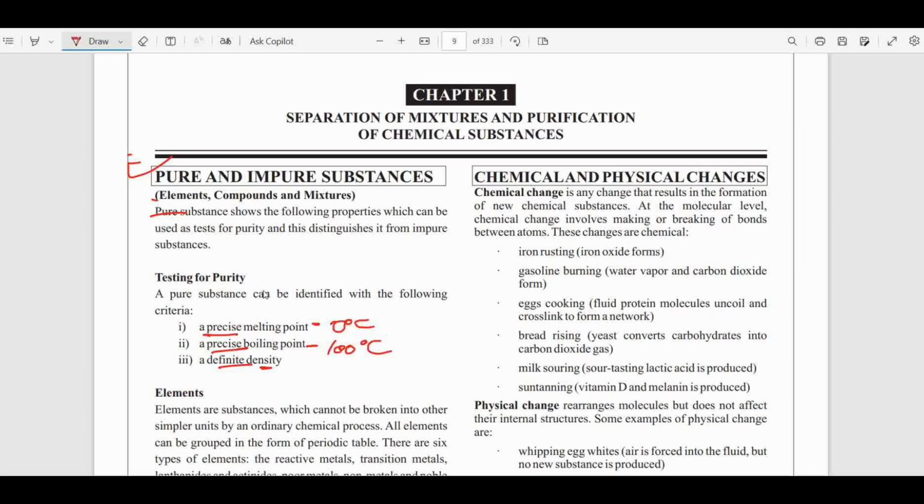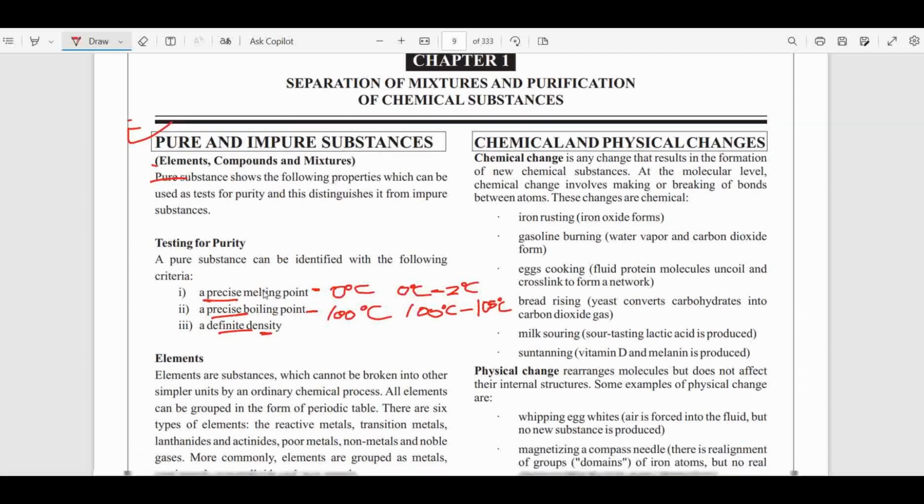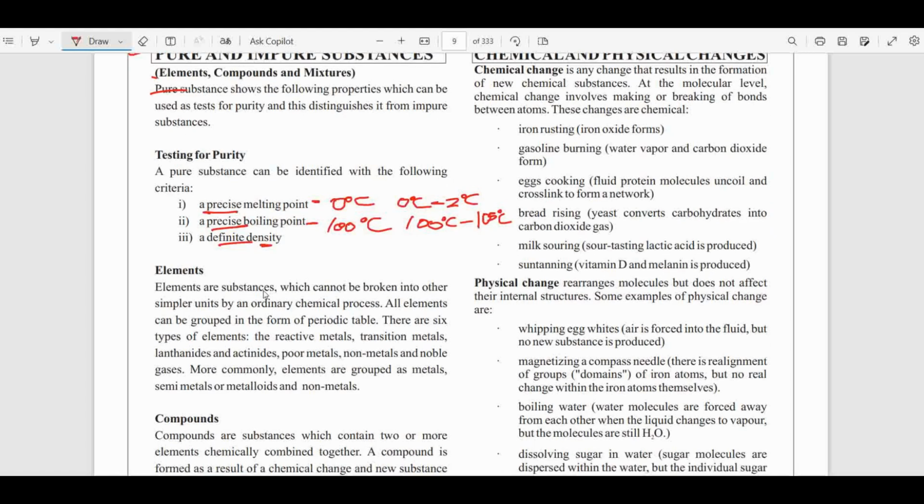It can have a melting point of 0 degrees Celsius to, for example, say 2 degrees Celsius, and a boiling point of, say, 100 degrees Celsius to, let's say, 105 degrees Celsius as a result of the impurity that is present. So having said that, what are elements?